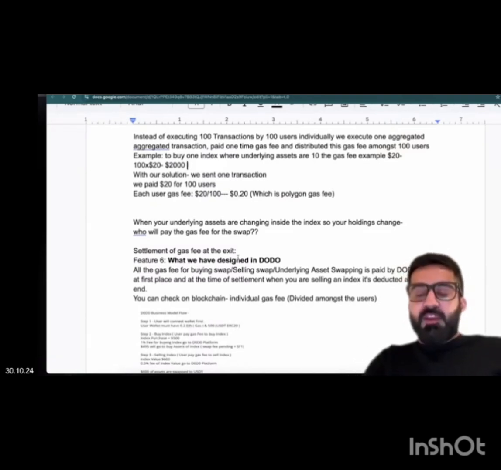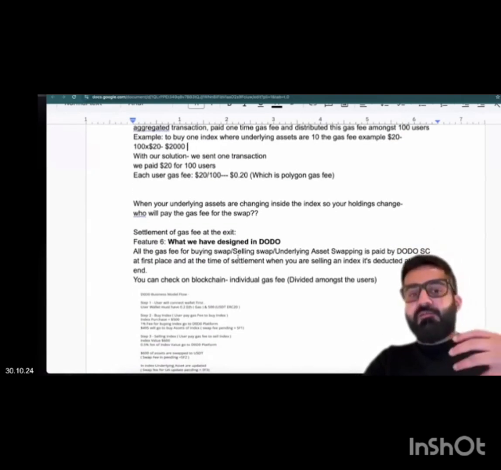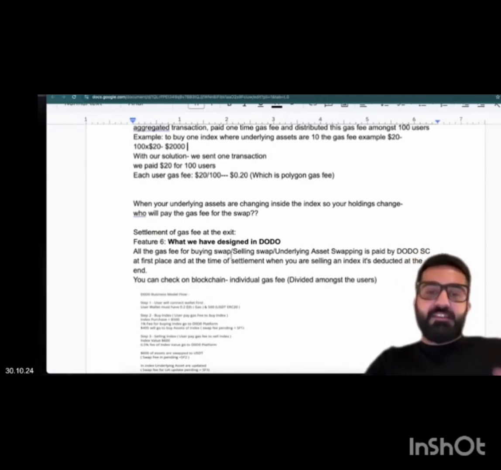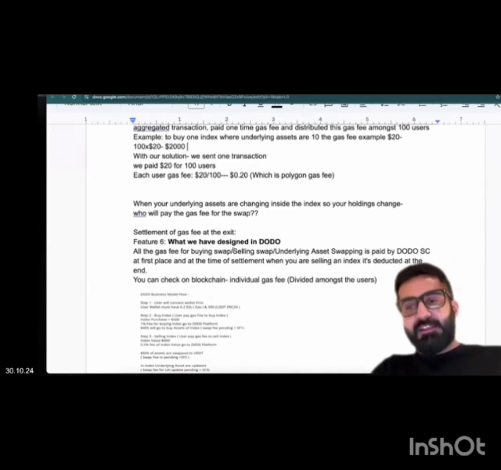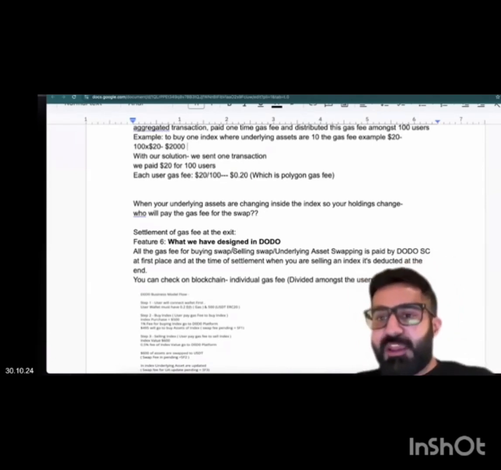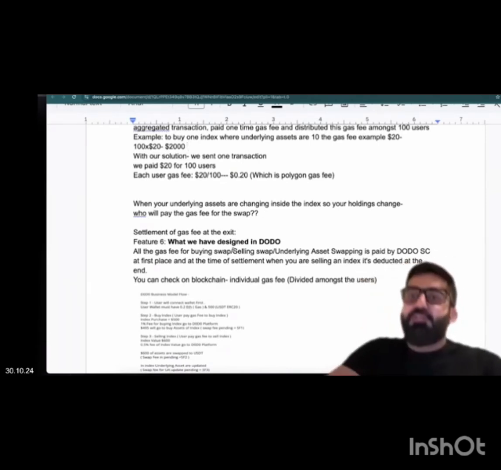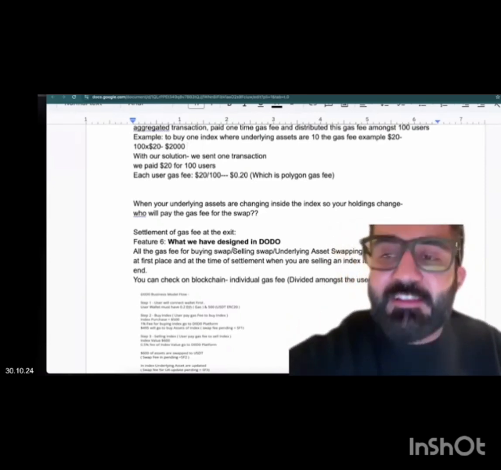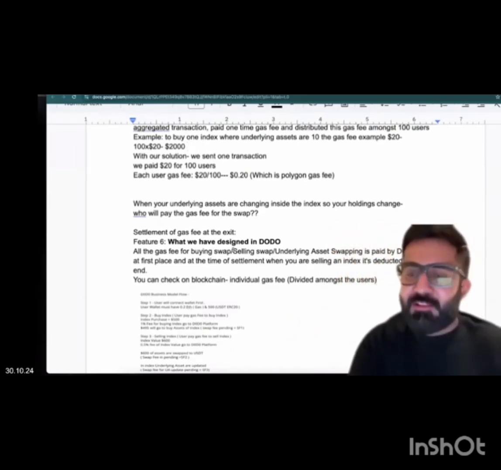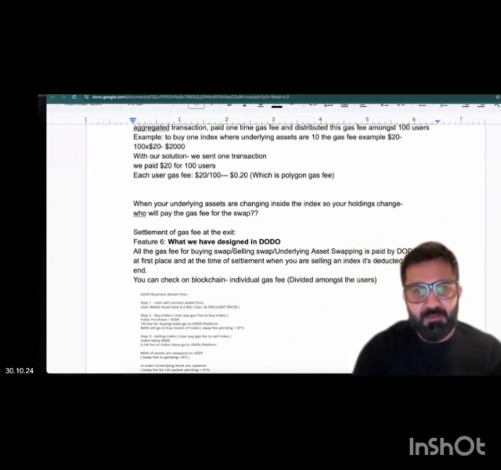And when do you pay the platform your gas fee? When you exit. This is our feature number 6, that we have designed settlement of gas fee at the exit. Whenever you exit, at the time when you sell the particular index, you are basically paying the gas fee. How is your gas fee calculated?